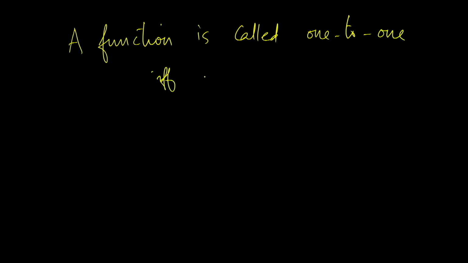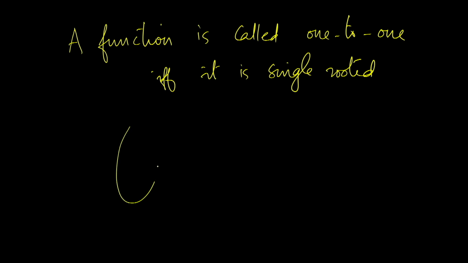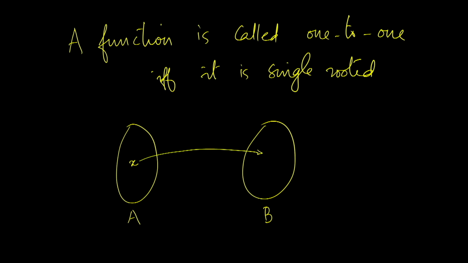A function is called one-to-one if and only if it is single rooted. So, if the function is from set A to B, for each x belonging to the domain of the function, there is a unique image y.